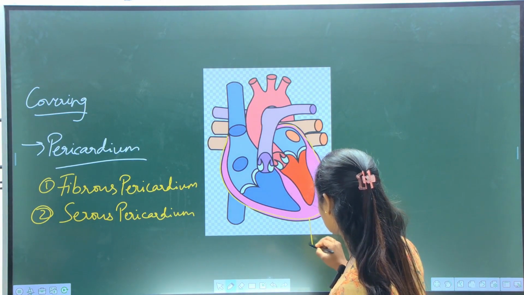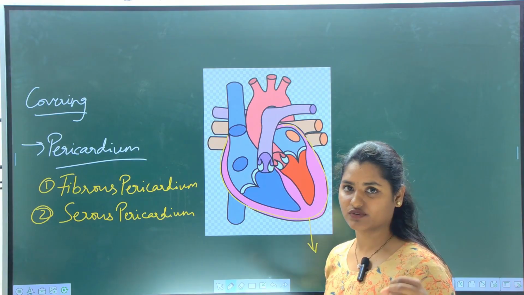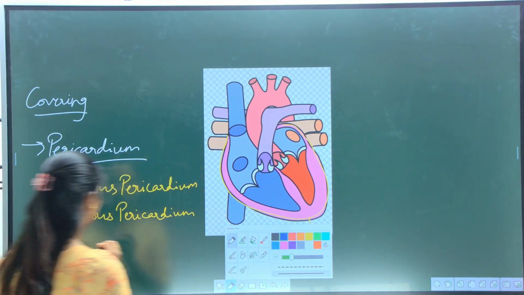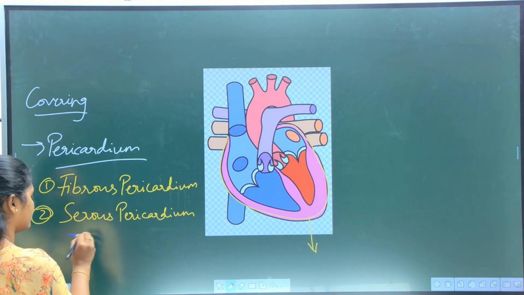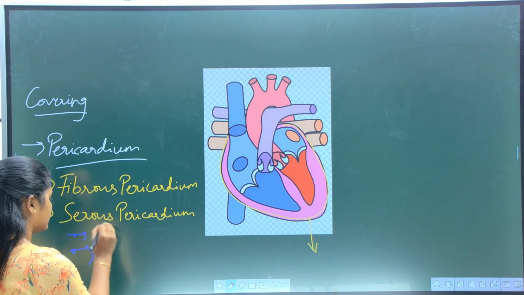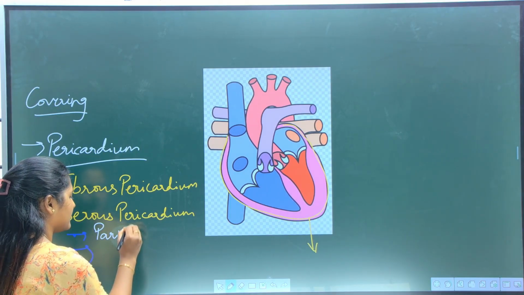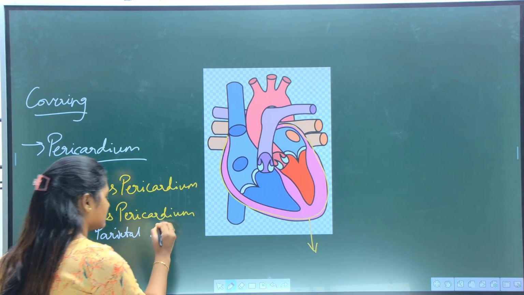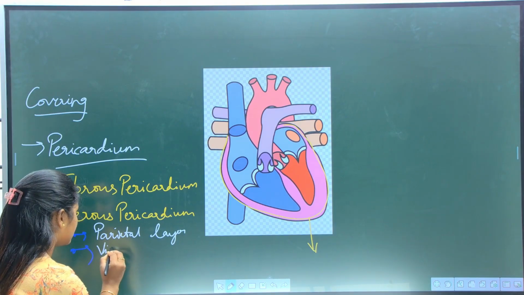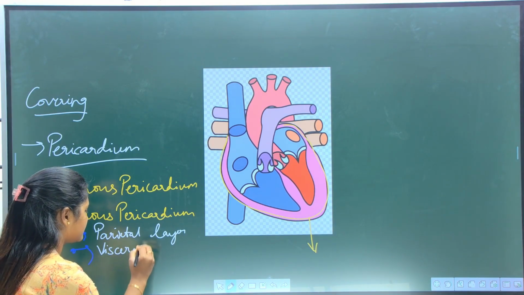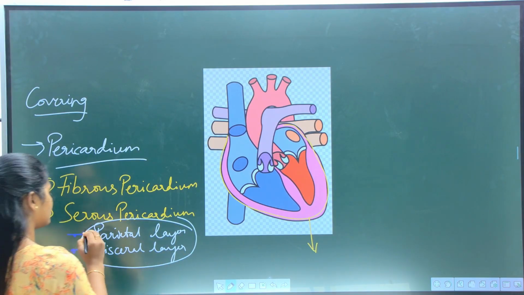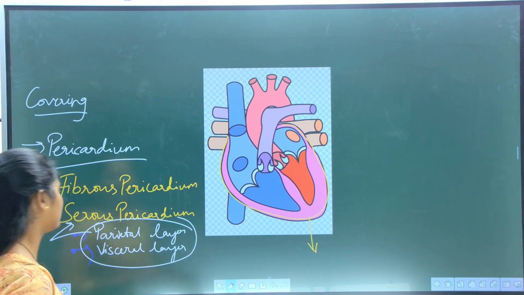Coming to the serous pericardium, there are two layers: one is the parietal layer, and another one is the visceral layer. So these are the two layers present in the serous pericardium.